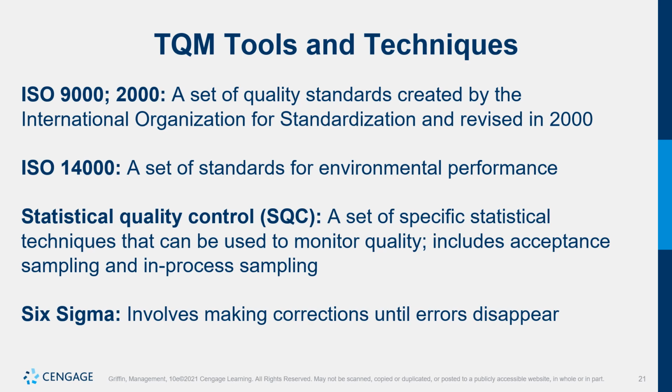In-process sampling involves evaluating products during production so that needed changes can be made. Six Sigma refers to the goal of having only 3.4 defects per million units. It involves making corrections to production processes until errors virtually disappear.